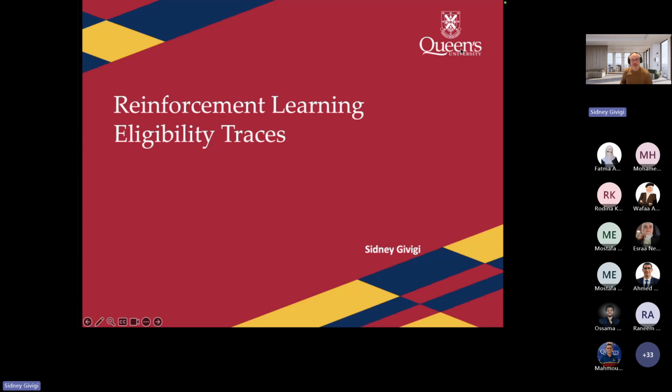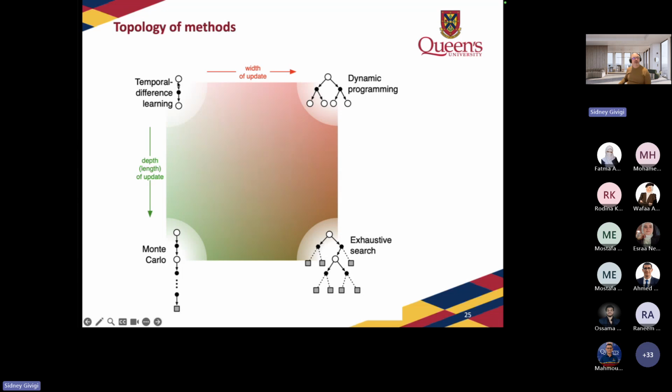Okay, so we're going to continue, and as I mentioned before, we are going to see now a way that we are going to create a generalization between temporal difference and Monte Carlo.